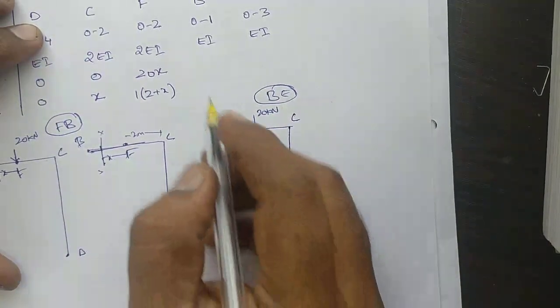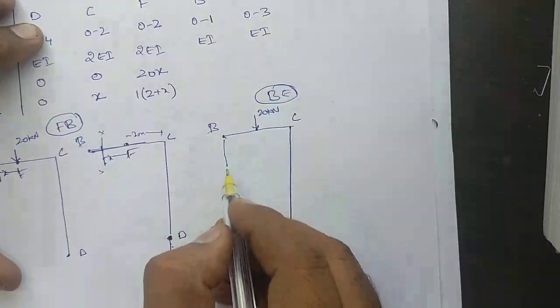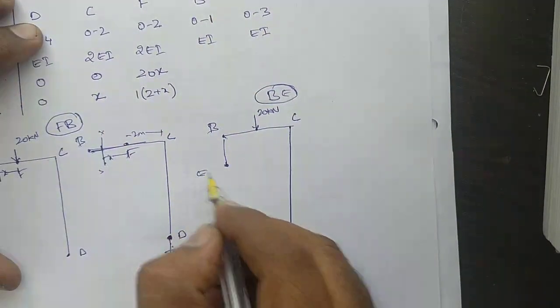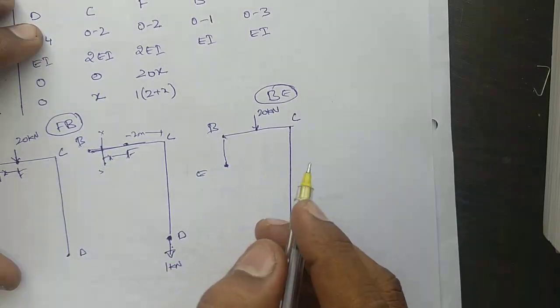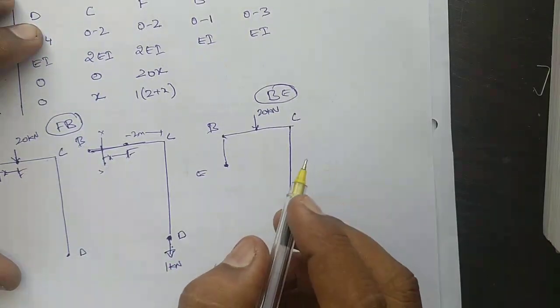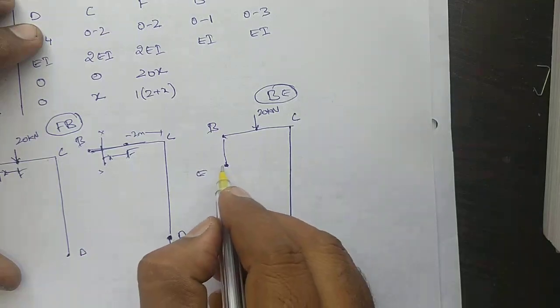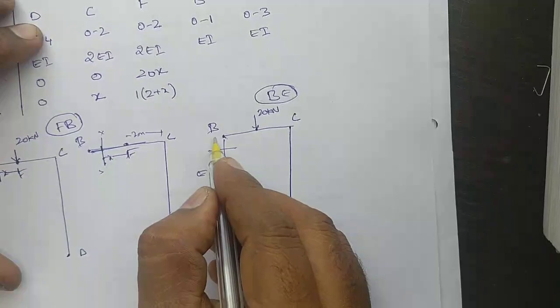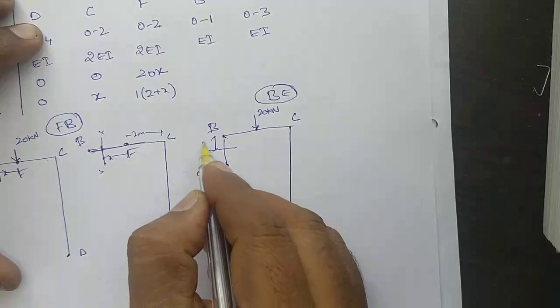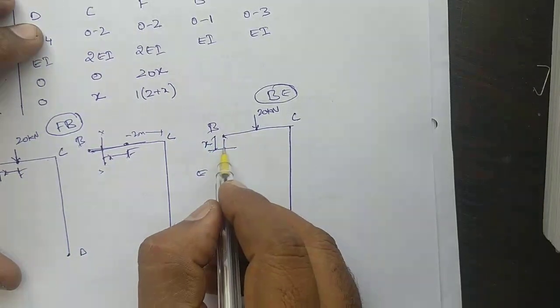Yes, now BE. This is your B. This is your E. Now your section will be from B to E. This is your x.